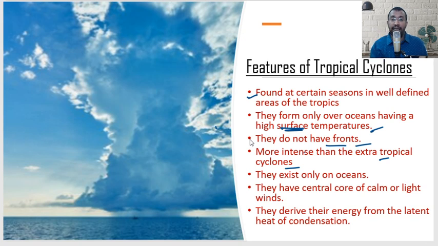The more the heat absorbed, the more elevated the updraft of the air molecules. And the more the updraft, the thicker the cloud, and the amount of condensation is also in larger volumes. So they derive their energy from the latent heat of condensation, and they have a central core of calm or light winds.